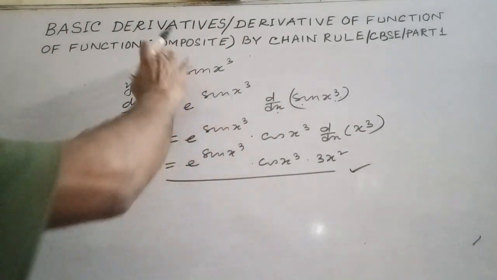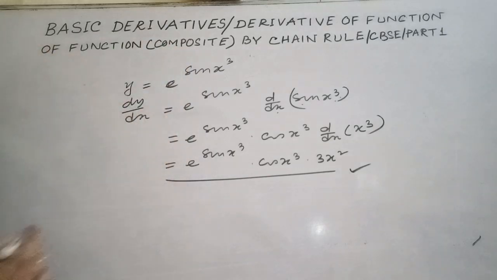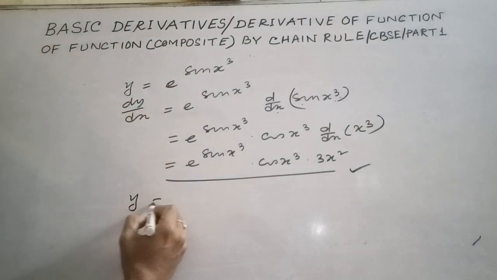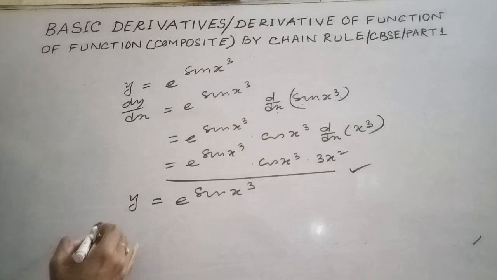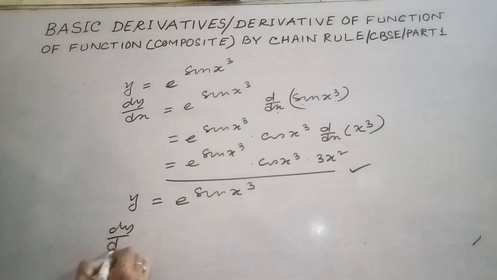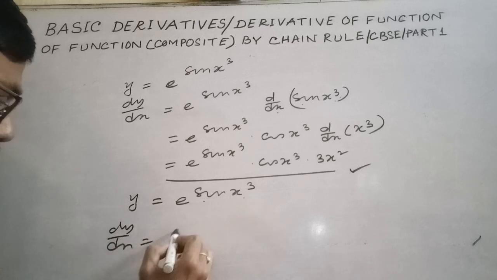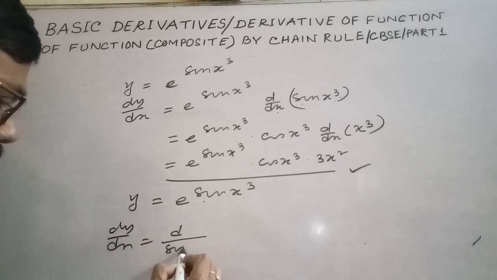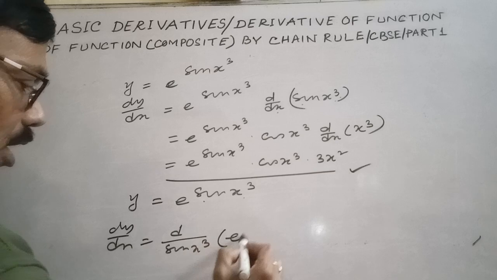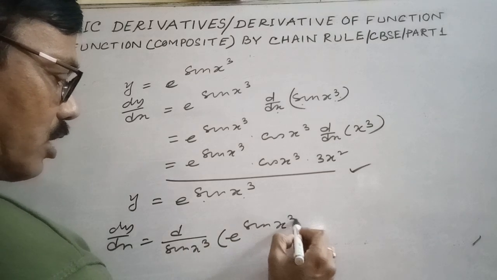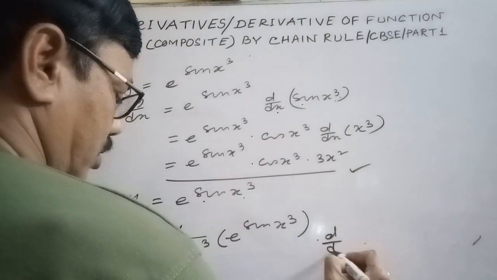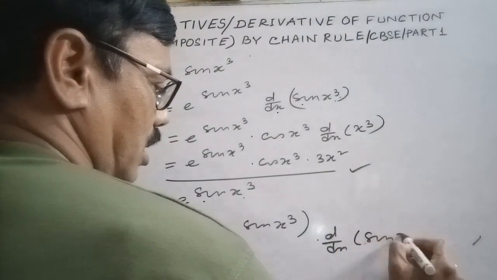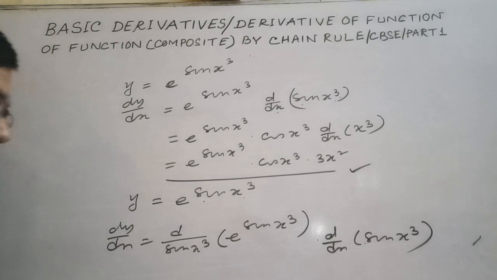So using transformation, using shortcut rule, and also you can solve it by this method. Look, you have to take the derivative with respect to this argument: d of sine x cube, e to the power sine x cube, into d/dx of sine x cube.